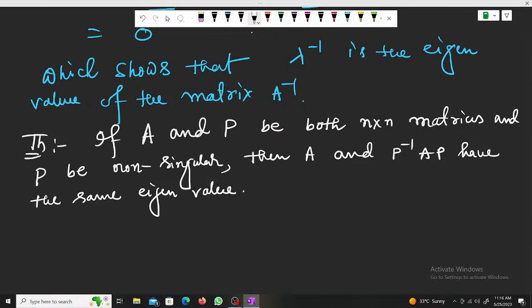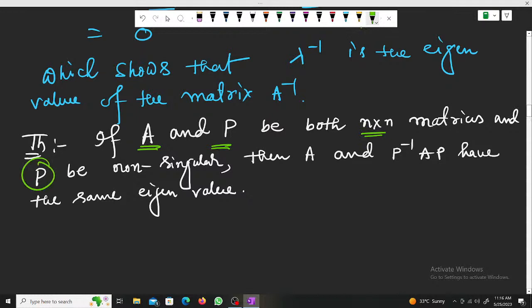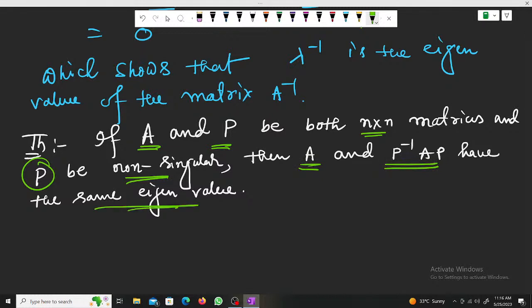Very good result. What did I say in the statement? A and P both are n by n matrices. If P is a non-singular matrix, then A and P inverse AP have the same eigenvalue. How to prove this?